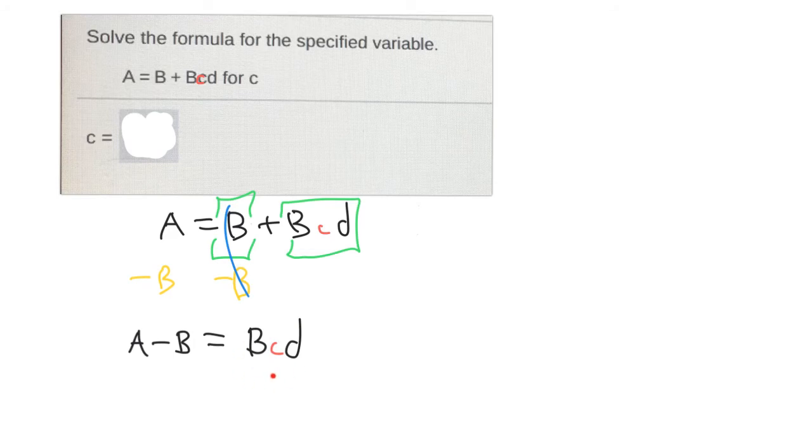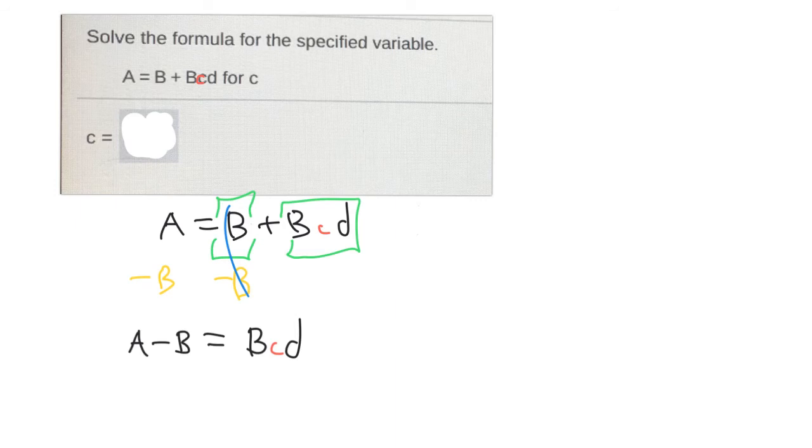Okay, now c is not quite by itself yet. We have this b and we have this d. Now let's ask ourselves, let's focus on the b. Let's try to get rid of this b. What is b currently doing to this red c? Well, it is multiplying to the red c. That's what it's doing. So guess what?